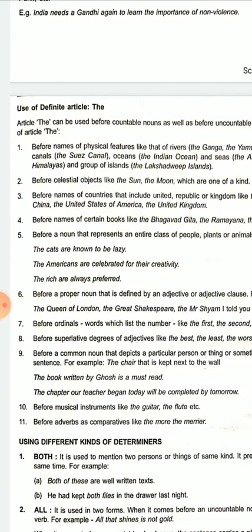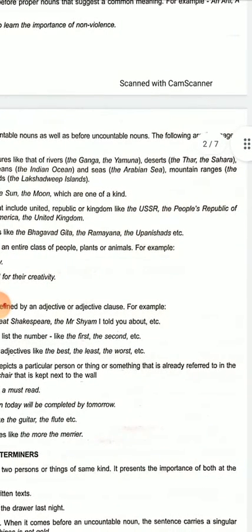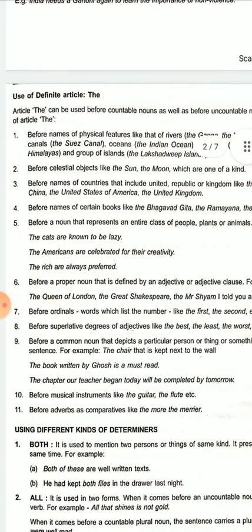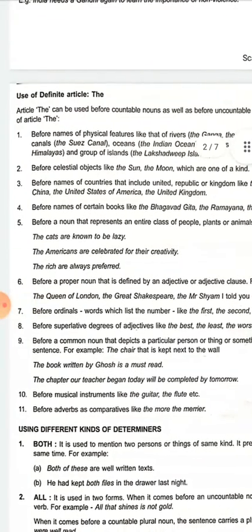The article comes before names of countries that include United, Republic or Kingdom, like the USSR, the People's Republic of China, etc. Before names of certain books like the Bhagavad Gita, the Ramayana, the Upanishads, etc.